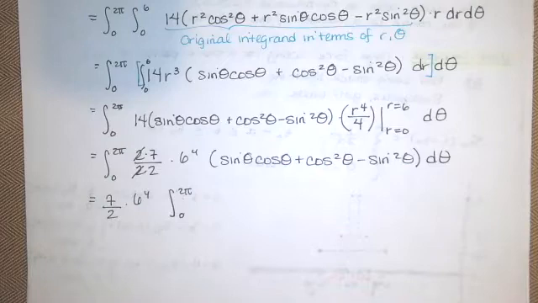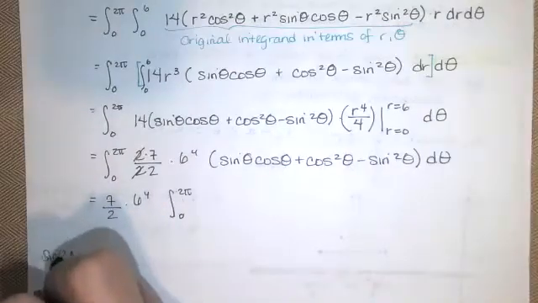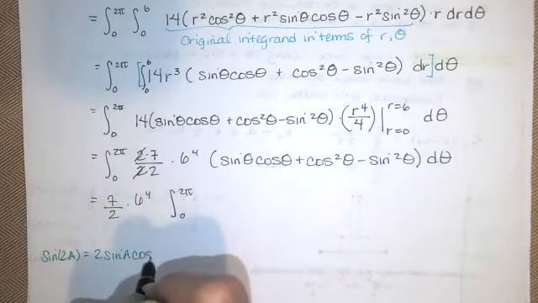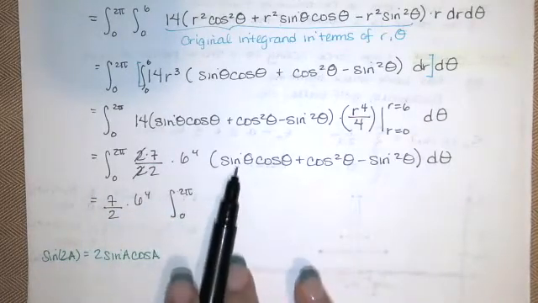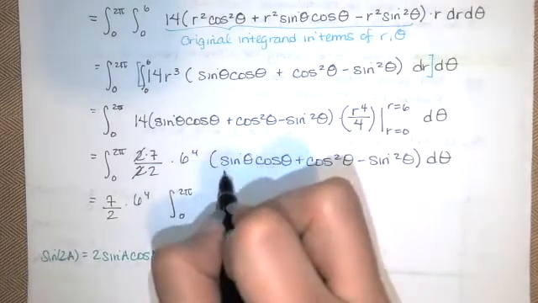Now, there are a couple of trig identities that I want to use to make my computation a little easier. There's an identity that says that sine of 2 times an angle is 2 times the sine of that angle times the cosine of that angle. So this sine of theta cosine of theta is actually 1/2 of sine of 2 times theta.